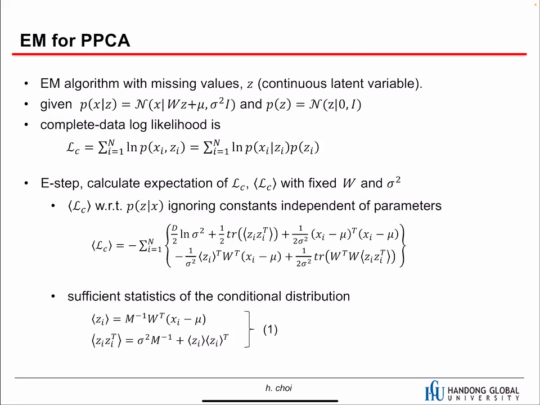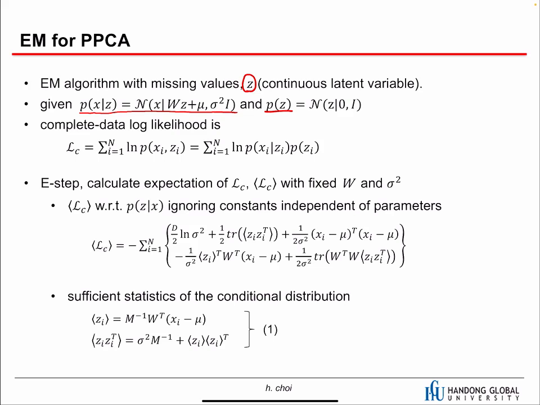We are going to use the EM algorithm with missing values z, and z is actually a continuous latent variable. Given this equation, p of x given z and p of z, let's assume that z is given.